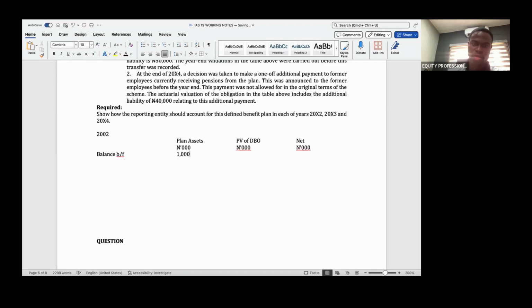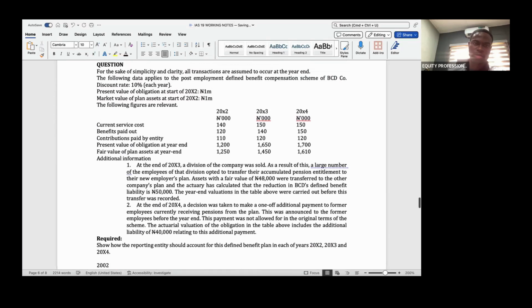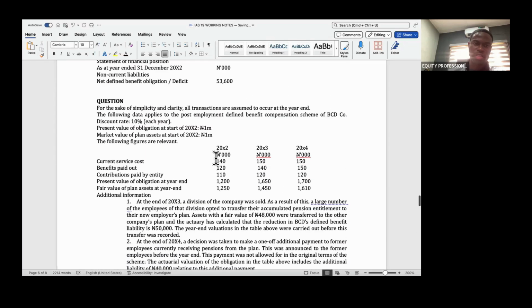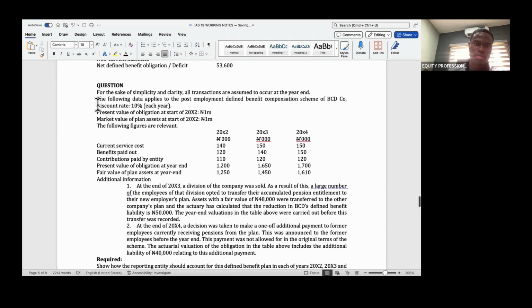So I'll write the 1 million this way and the 1 million this way. Then, so that I won't forget, I'll immediately take care of my interest. Interest at 10%, because the examiner gave me the discount rate, 10% each year.